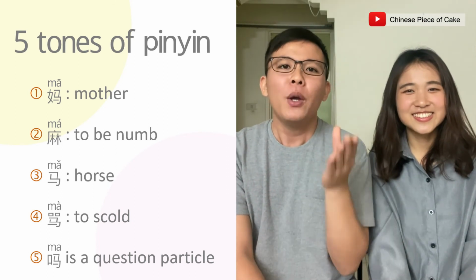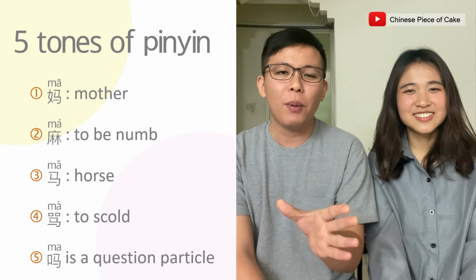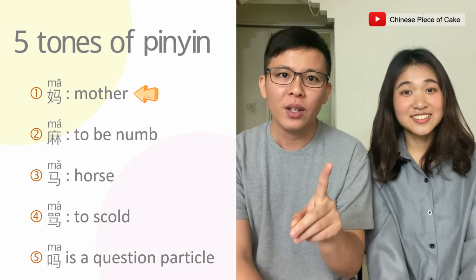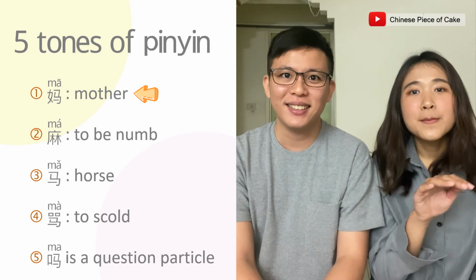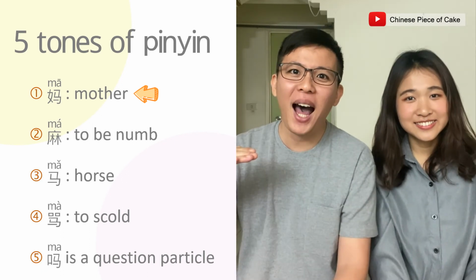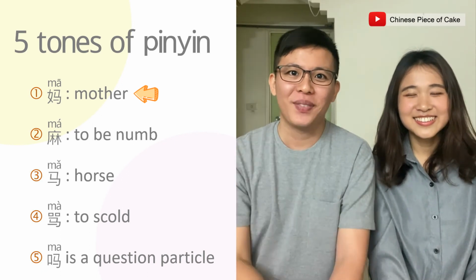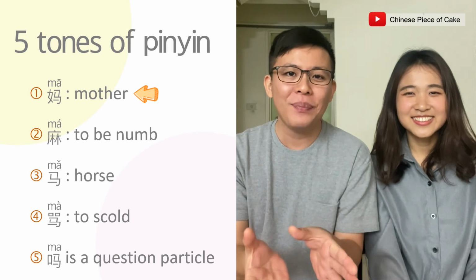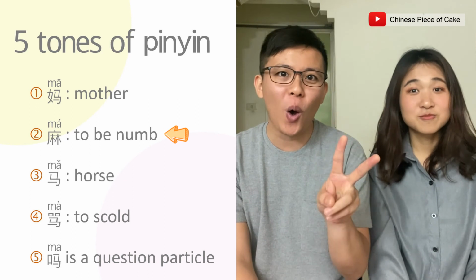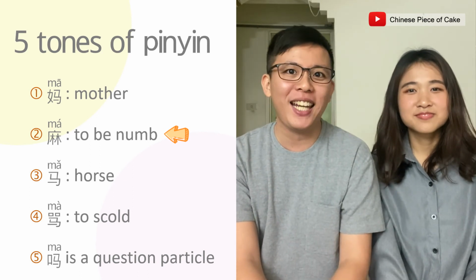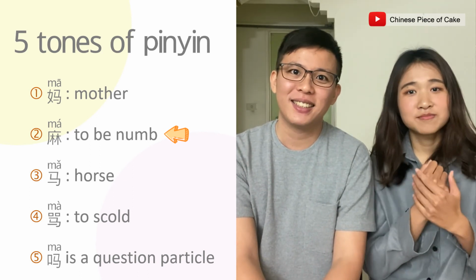For example, when you pronounce this syllable in the first tone, in Chinese we will say mā, and it means mother.